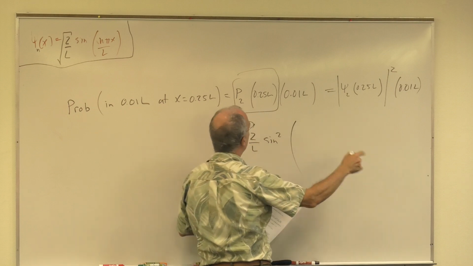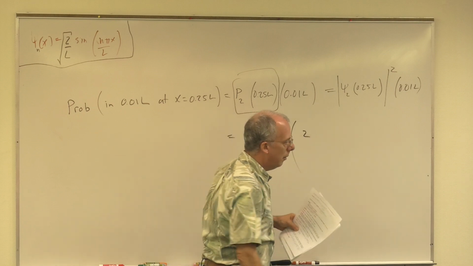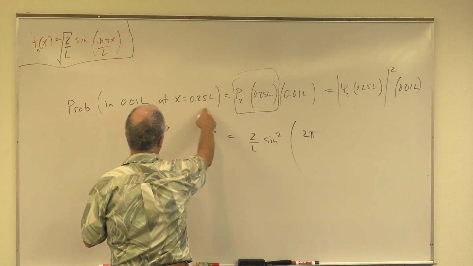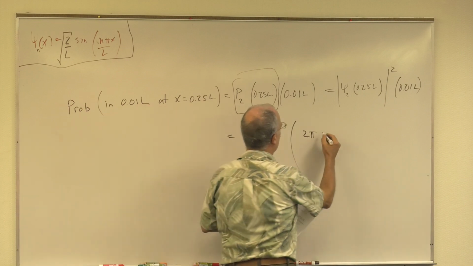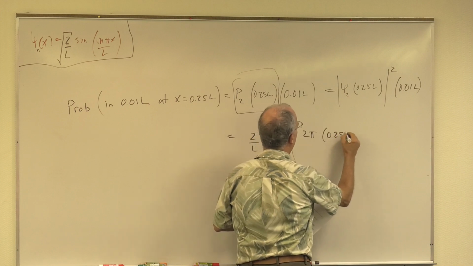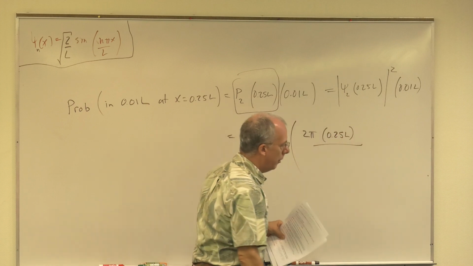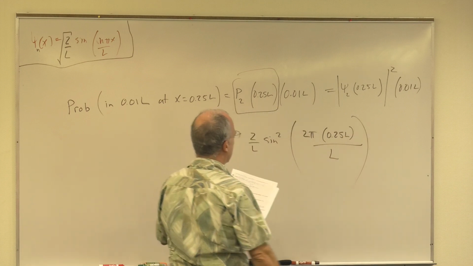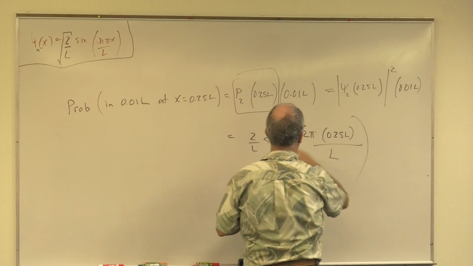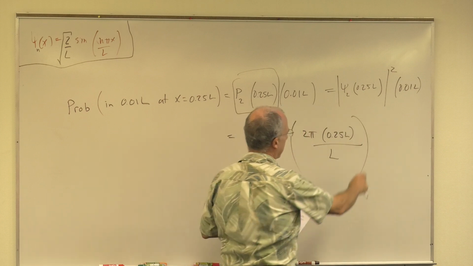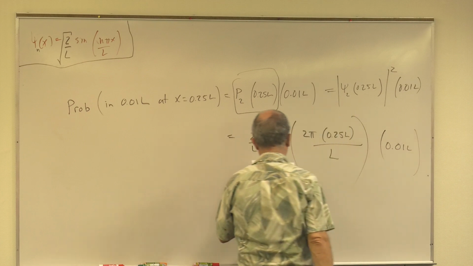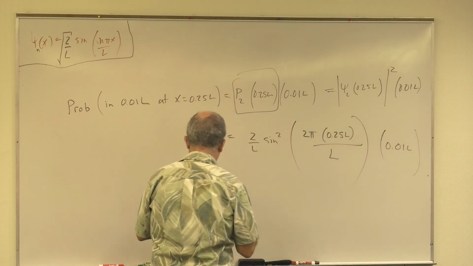So n is 2, and then pi, then x, and x is 0.25 L. Then the bottom is L. Okay, so there's this part, and then times our width, which is 0.01 L. Now we've got to evaluate that.